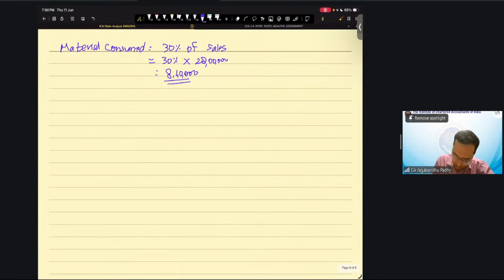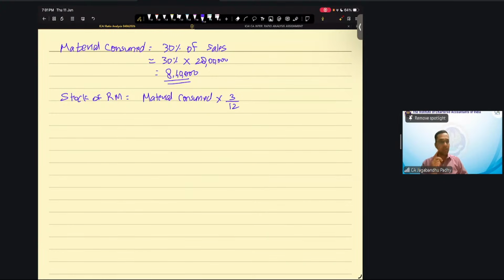So stock of raw material is material consumed multiplied by 3 by 12, because the question says that whatever is your material consumption for the entire year, 3 months of that is kept in the stock. So that's going to be 8 lakh 40,000 being the material consumed into 3 by 12. So how much is it?